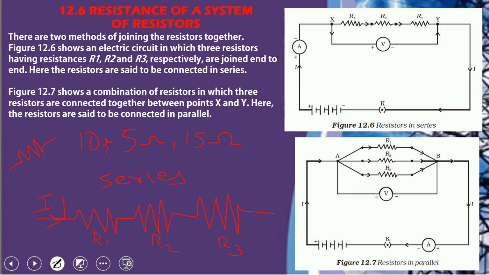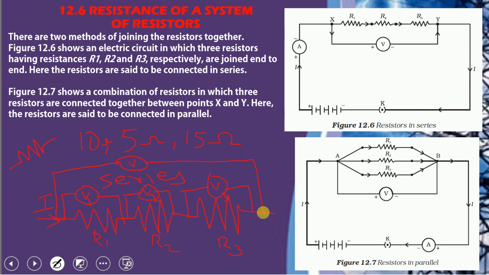But the potential difference is different: we put a voltmeter across each one. Here it will be V1, here V2, here V3. So the potential difference will be different across each.